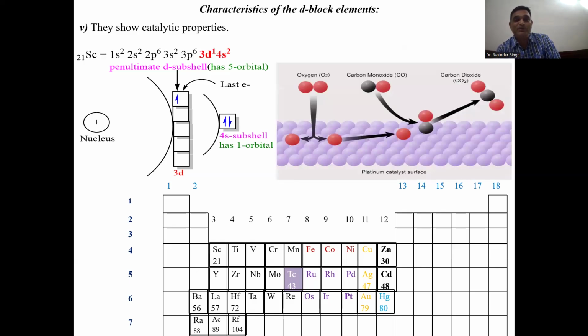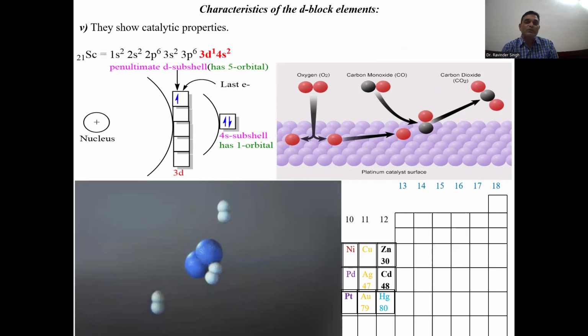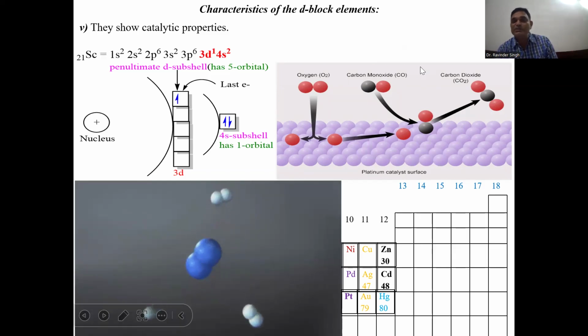You can see in the diagram also here, that is the surface of the catalyst, the platinum catalyst. Molecules like the oxygen molecule come and sit on the surface, the carbon monoxide molecule comes on the surface, and then they collide with each other, resulting in the formation of CO2. Otherwise, the molecules move randomly, because oxygen is a gas and carbon monoxide is a gas.